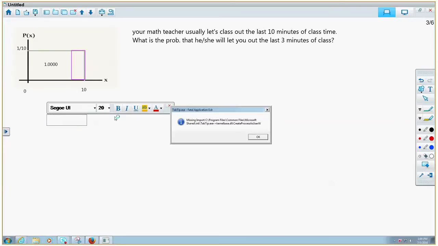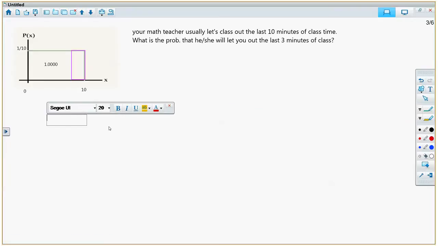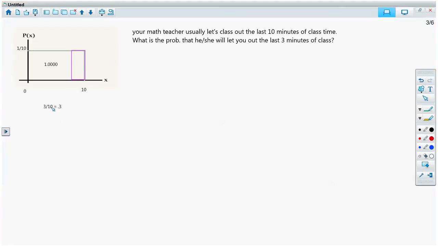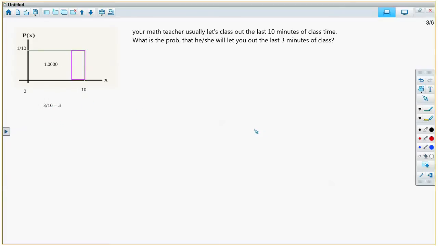3 divided by 10 is equal to 0.3. Now, y'all think you got uniform distribution down good? I mean, that's all there is to it. Question, gripe, complaint.